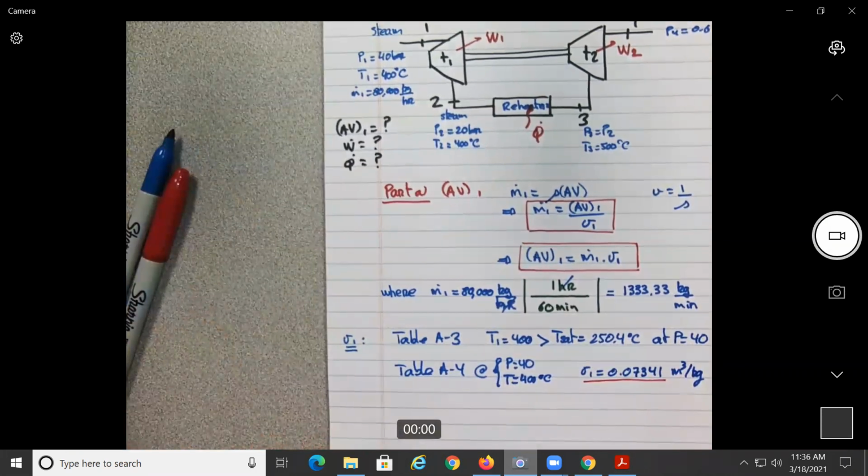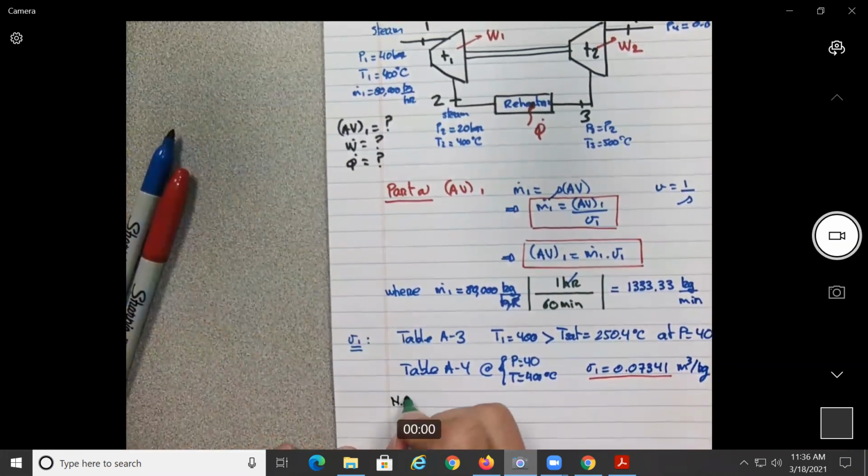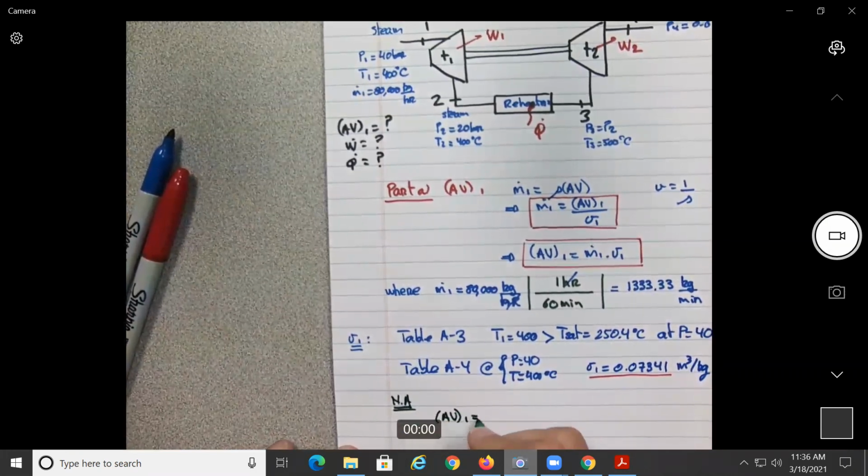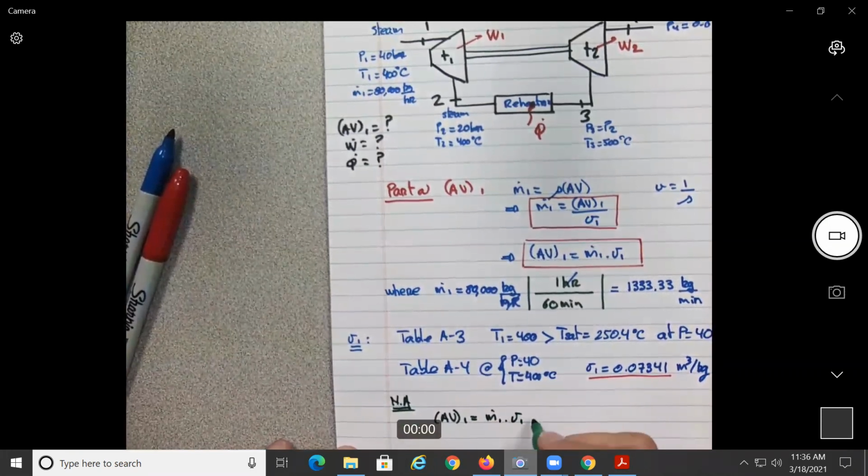Okay, so let's say we do the numerical application. We're going to have A V1 equal to mass flow times specific volume.